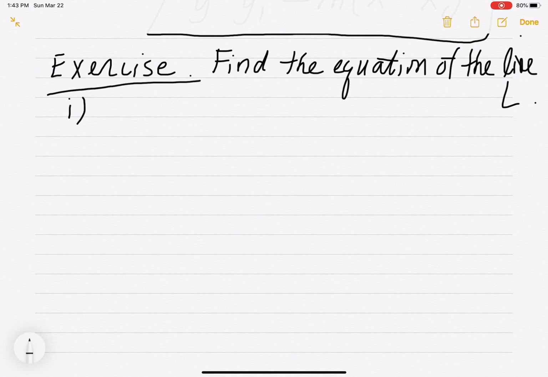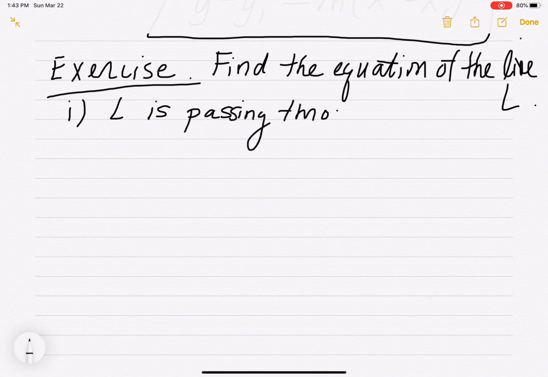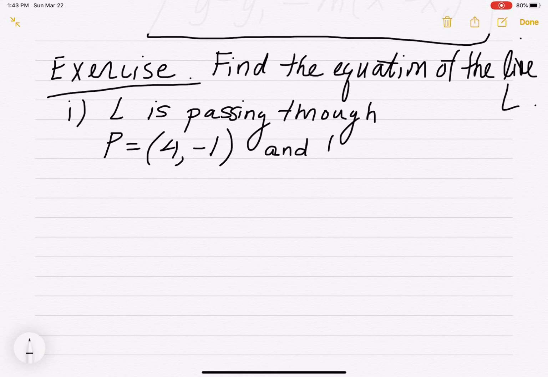Find the equation of the line L. Here is the description of the line L. L is passing through the point 4, -1 and has slope -1/4. So we want to find the equation of a line that goes through this point and has that slope.